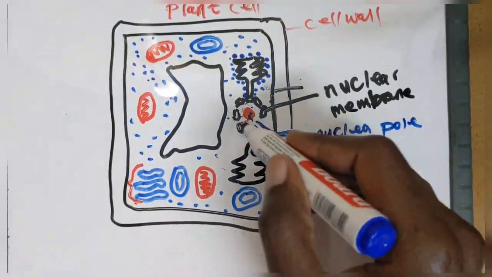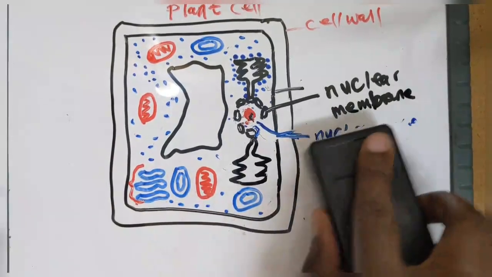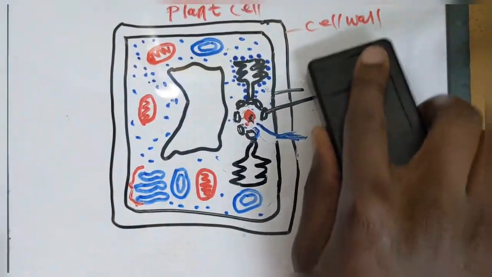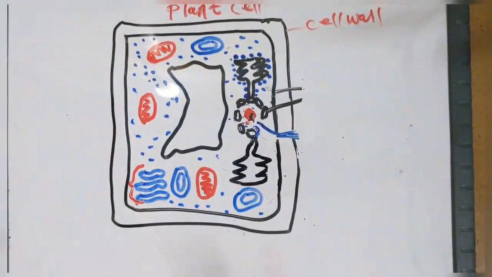So the fluid in which the nucleus floats is what we call nucleoplasm. All right, so this is the nucleus itself. That is all about the nucleus. I'm sure you're able to understand about a nucleus.